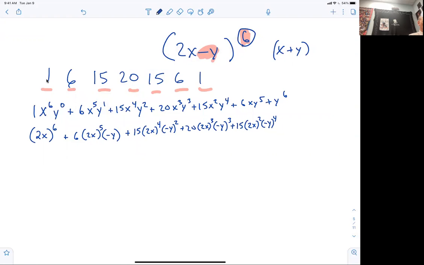And then plus 6 times 2x, (negative y) to the 5th, plus (negative y) to the 6th.